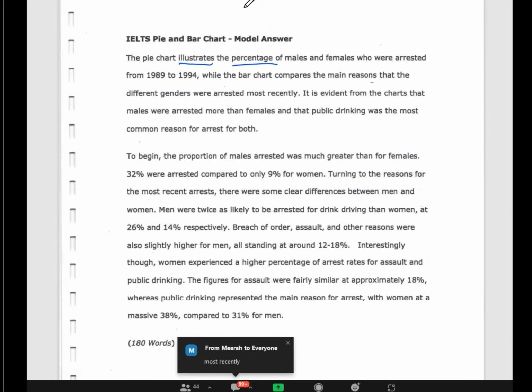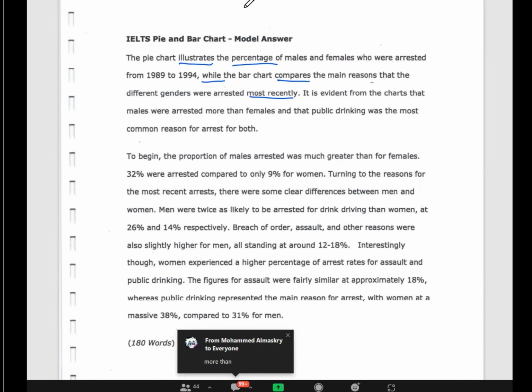Percentage. Most recently. Compares also. Compares, yes. What about while? While.